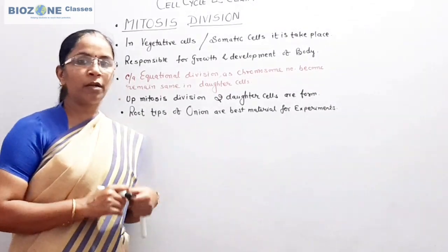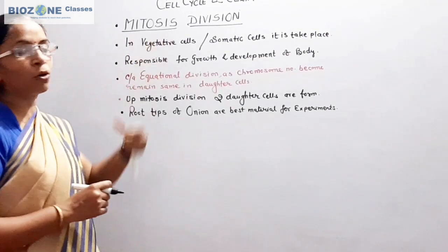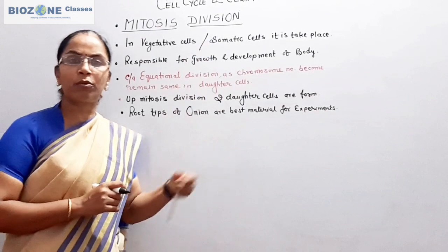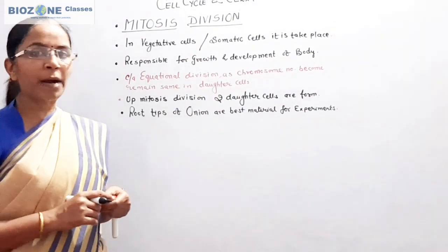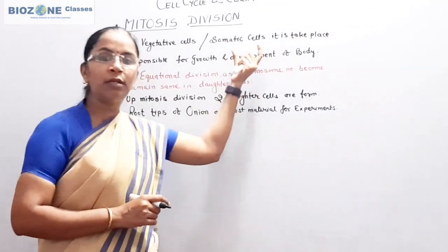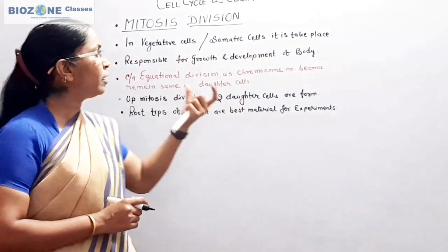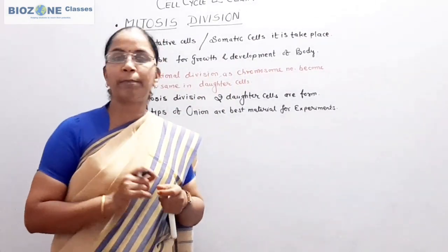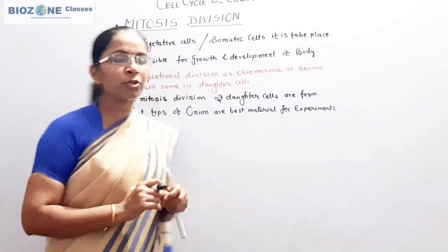So remember this. Now when we come towards the mitosis division, what exactly is mitosis? We discussed the introductory part: commonly it is called somatic cell division, equational cell division, and secondly, it is responsible for growth and development of the body.